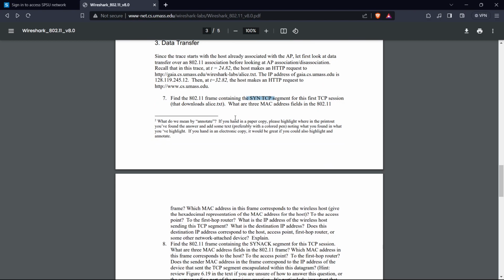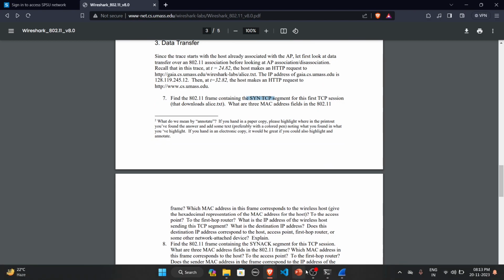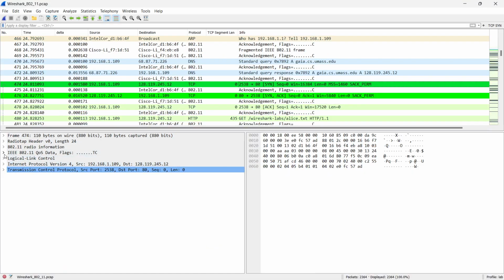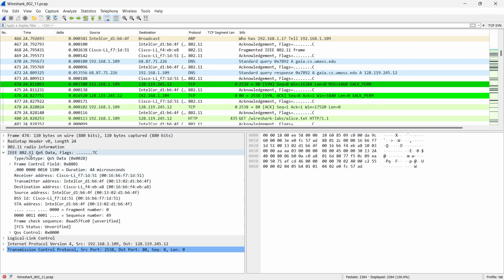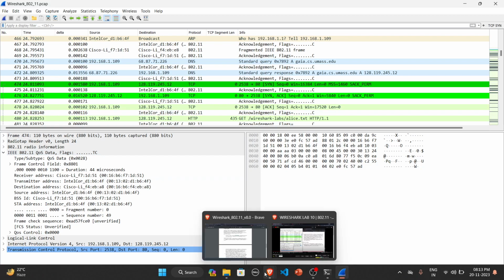the MAC address fields. For the MAC address fields, I'm going here, on this QoS data, and as you can see, these are the transmitter address, destination address, source address, BSS ID, STA address.